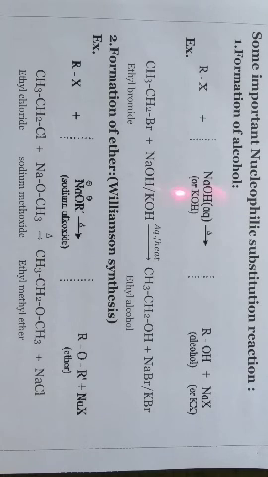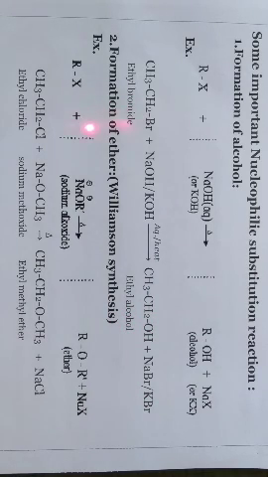So in this case, we have to mention clearly it is aqueous. Aqueous KOH only gives us the alcohol. So replacement of the halogen is taken by the OH group. One example: CH3CH2Br plus NaOH gives CH3CH2OH plus NaBr. Or CH3CH2Br plus aqueous KOH, heated, gives CH3CH2OH plus KBr.